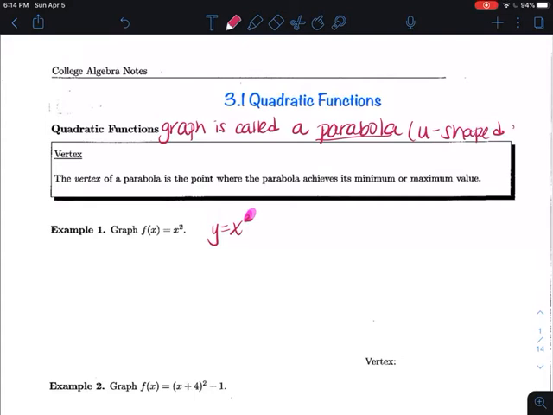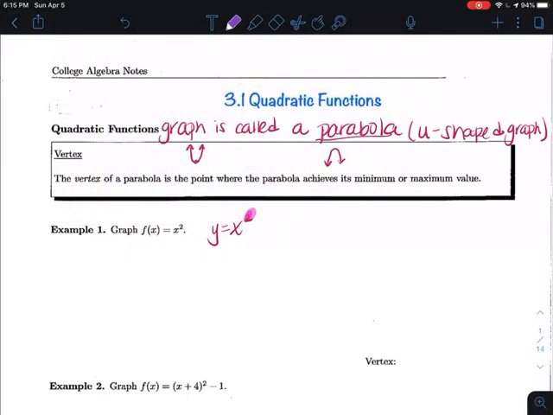The parabola is going to either open up or open down. So let's look at the different ones. You have the one that opens up, and you have one that opens down. So these are your two possible quadratic functions.